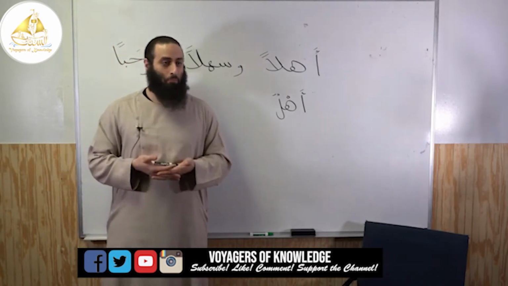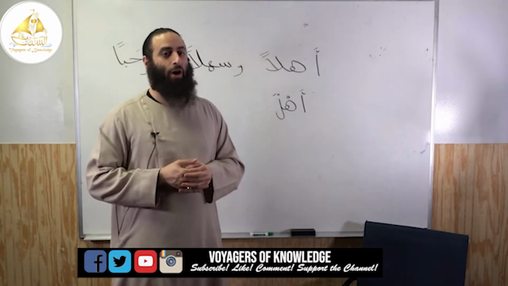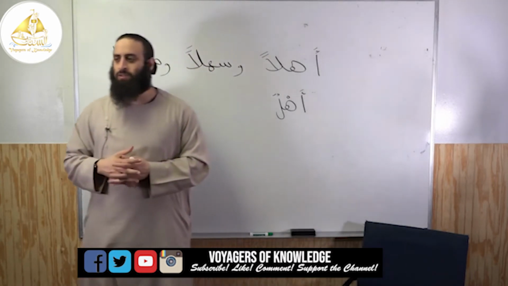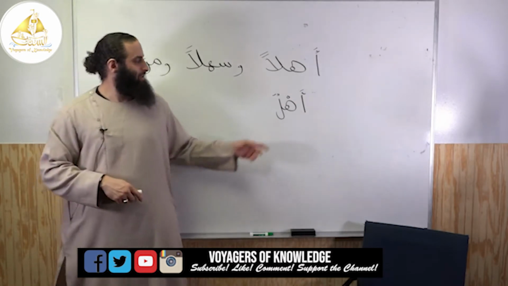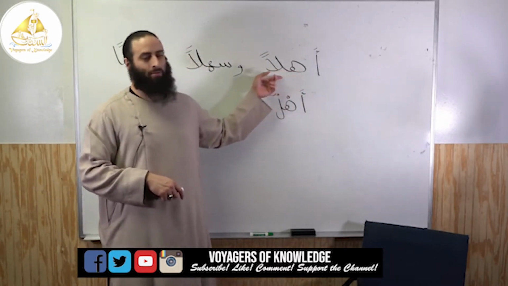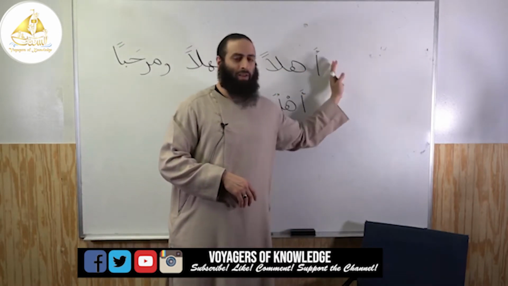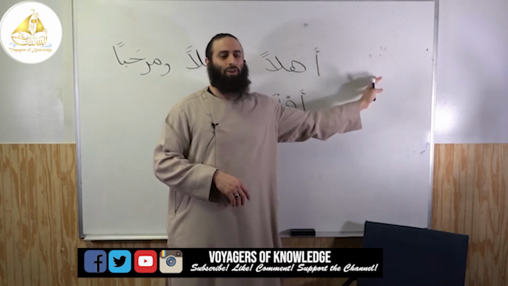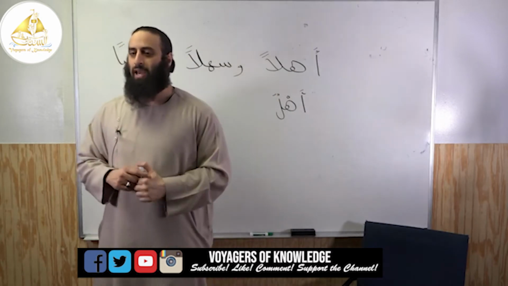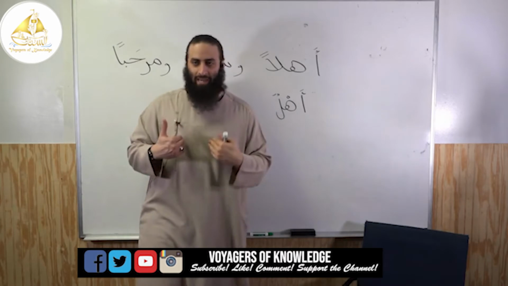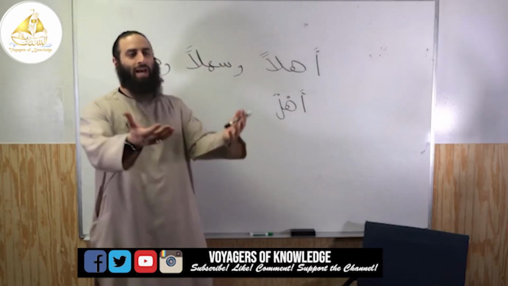Ahlul Bayt, the family of the house, of the Prophet sallallahu alaihi wasallam. Ahlun means family. So what they're saying over here is ahlan. This is letting you know that there are some previous words that are not mentioned but implied. When somebody comes over to you, you say ahlan.